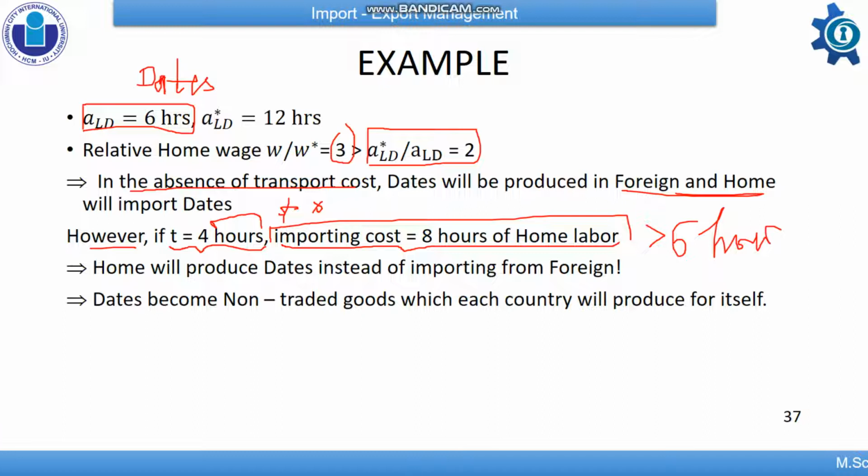So if the home country produces dates by themselves, they only need 6 hours, but if they import from foreign, they need 8 hours of home labor. So they will produce dates instead of importing from foreign, and this will become the non-traded goods. So what is a non-traded good? That is the product the country will produce for itself, or we call it non-traded goods.